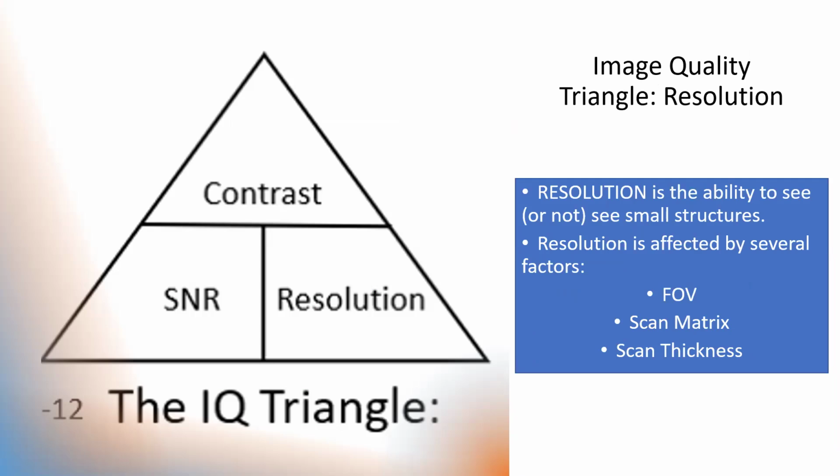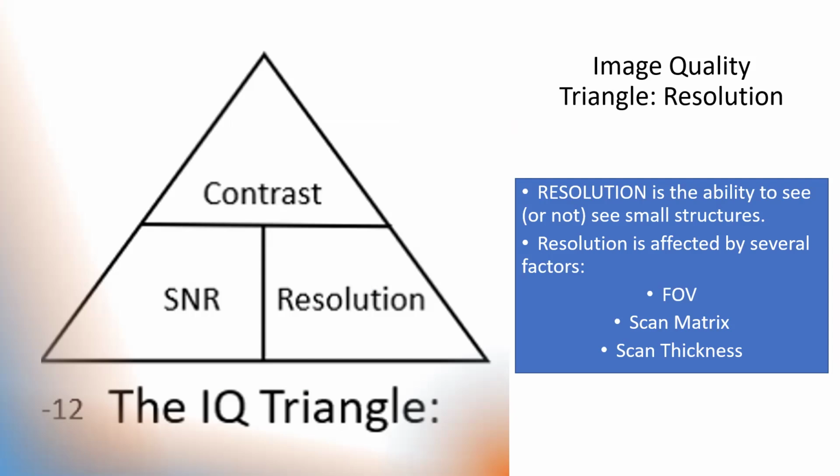Resolution is the ability to see small structures. Resolution is affected by these three factors right here. And your field of view, matrix, slice thickness, those are all going to adjust or change depending on your body part. So you're probably not going to be doing 5 or 6 millimeter thick slices through the pituitary. It's a small structure.